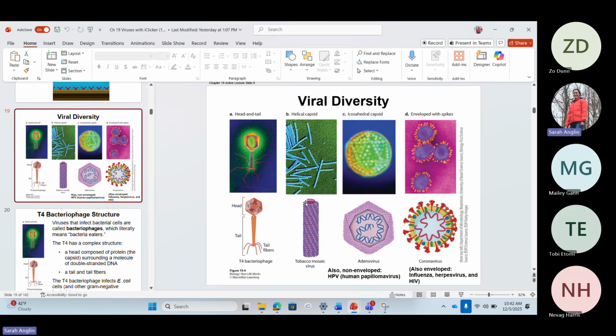Very unique. But the coolest one of all, this guy here, right? The T4 bacteriophage is very impressive. It is the most complex out of all of the shapes. So when you see this structure, just know this virus can only infect bacterial cells. This T4 bacteriophage is not going to affect cells in our body, but it can infect bacteria.